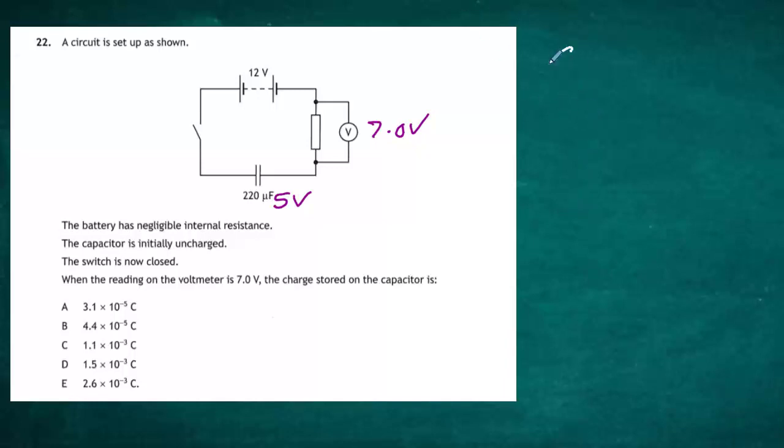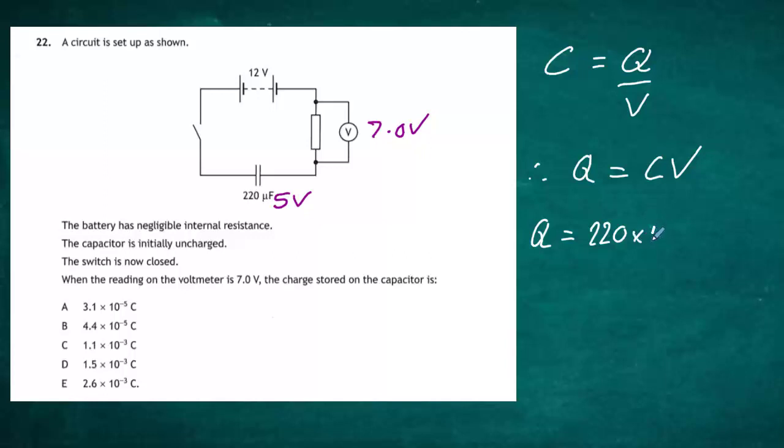So we know the definition of capacitance: C equals Q upon V. And therefore we do a wee bit of rearranging. We get the charge stored on the plates of the capacitor is the capacitance times the potential difference across it. So Q is, in this case, C, the capacitance, 220 microfarads.